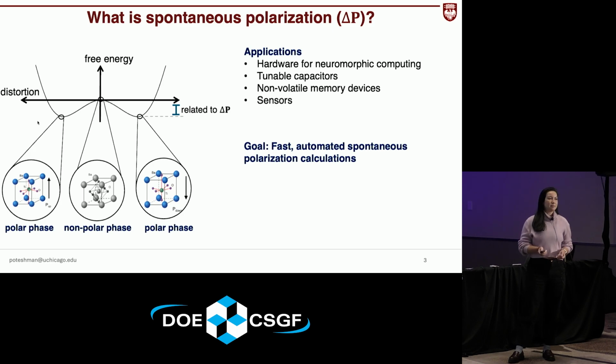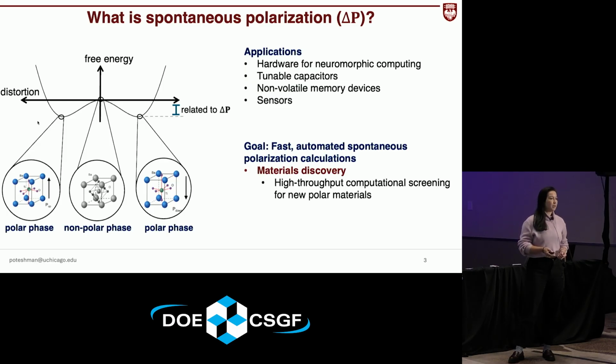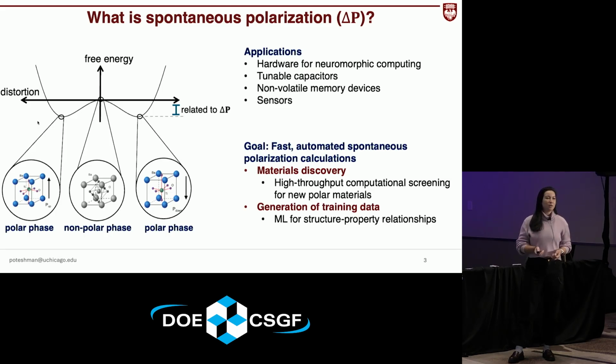Our goal is to calculate spontaneous polarization quickly and in an automated fashion, and this is really twofold. First, we want to identify new candidate polar materials for specific applications using high-throughput computational screening. And we also want to generate a large volume of accurate, high-quality training data for machine learning models to better understand this structure-property relationship.